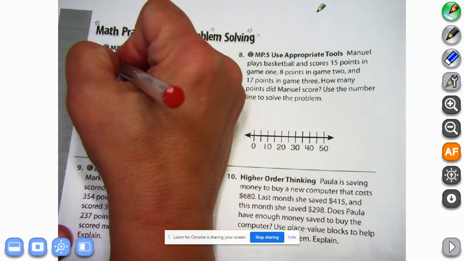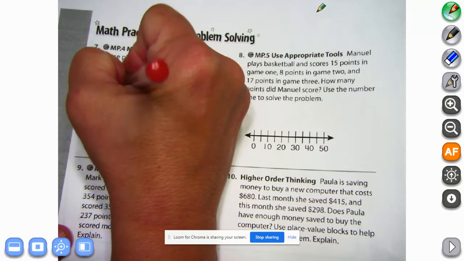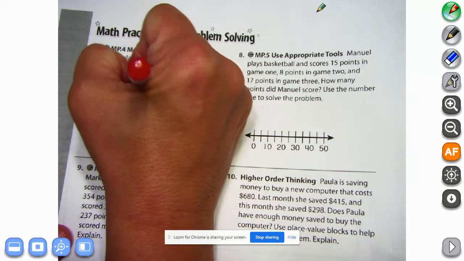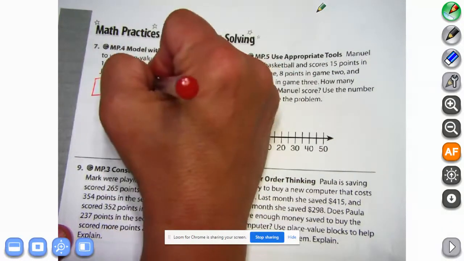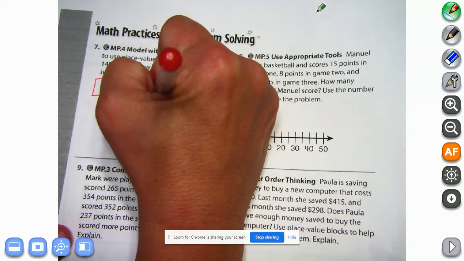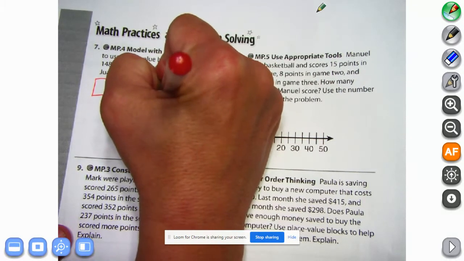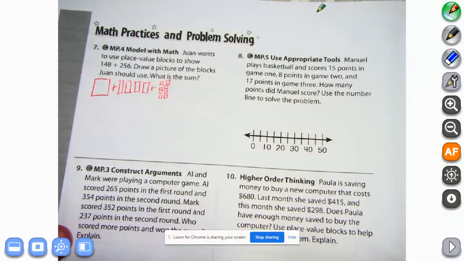All right, so we have 100 plus 10, 20, 30, 40, and 1, 2, 3, 4, 5, 6, 7, and 8.